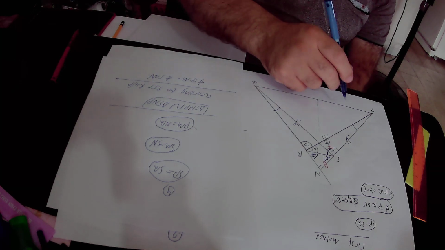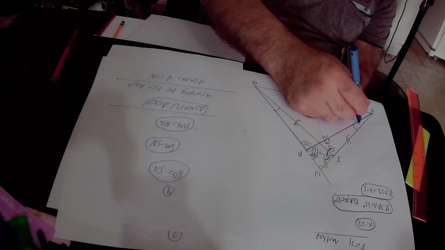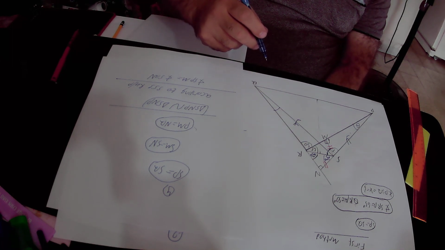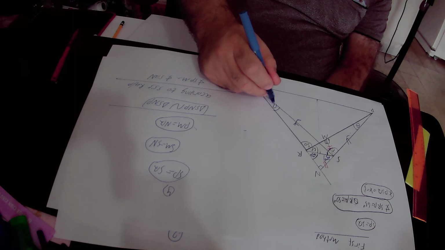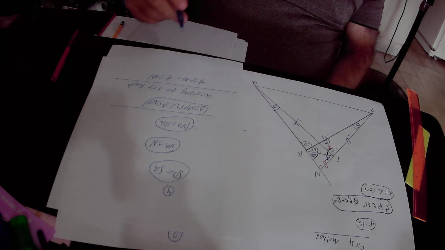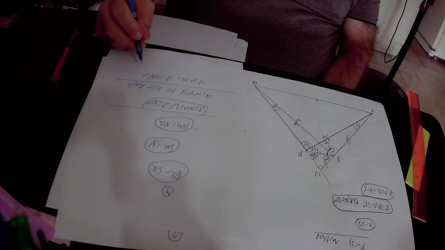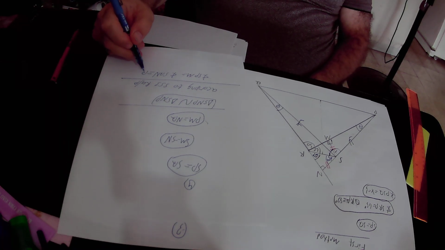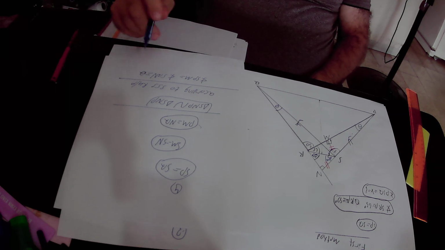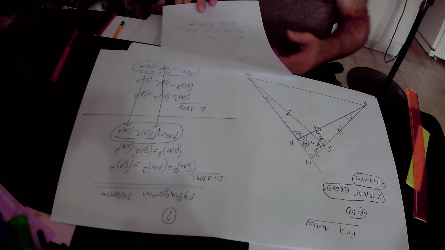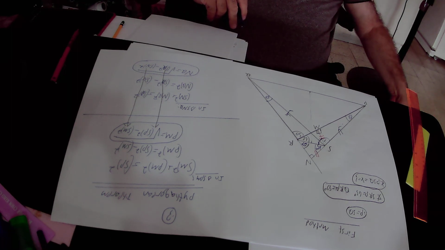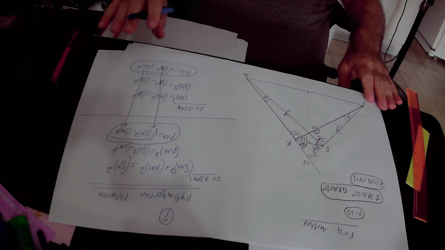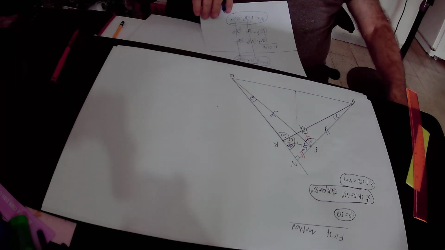So if we define angle SPM as theta, then angle SQN will also be equal to theta. So we found out that angle SPM equals angle SQN, and they are both equal to theta according to our definition. So in the next step I will present to you a new rule, and we'll use this rule in our drawing.